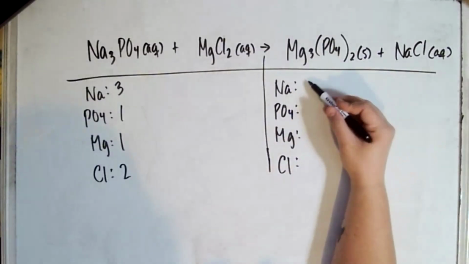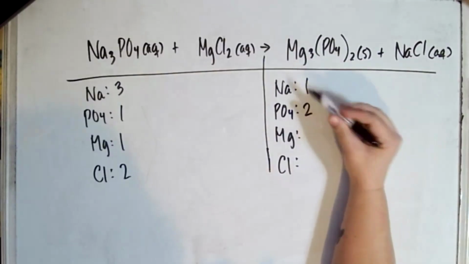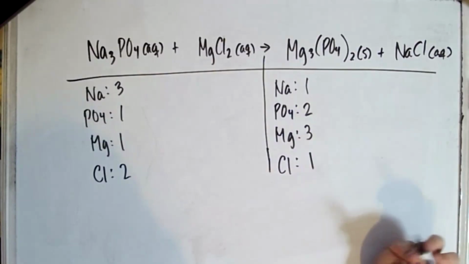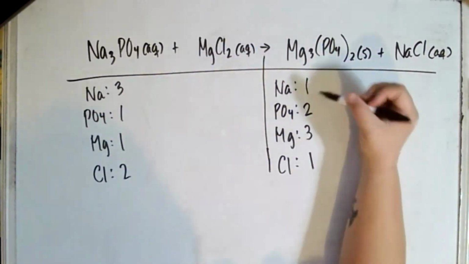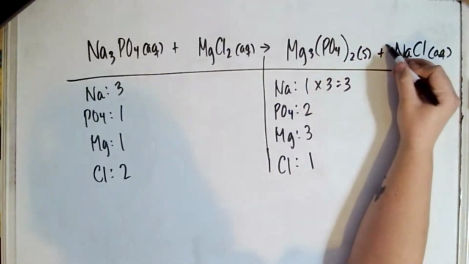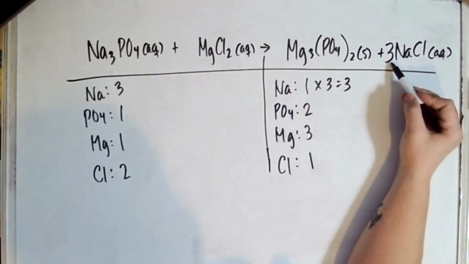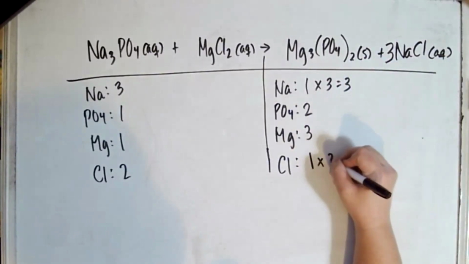So here I've got 1 sodium, 2 phosphates, 3 magnesiums, and 1 chlorine. So I'm going to start by balancing out my sodiums. I'll put a 3 out in front. That means I'm going to have to take that 3 and multiply it by my chlorines as well.